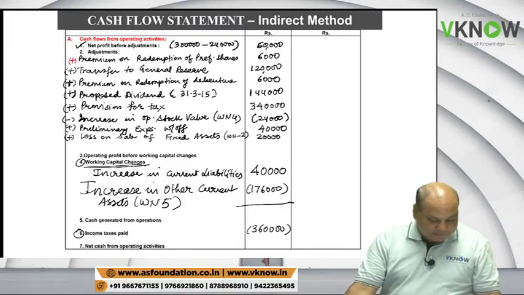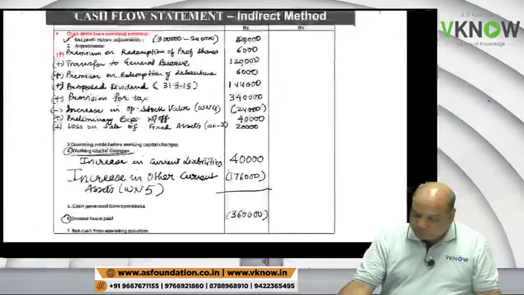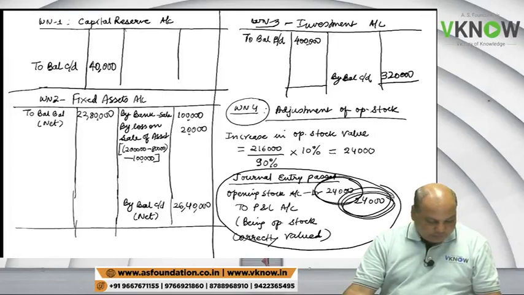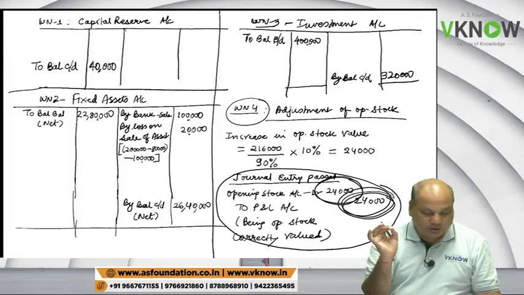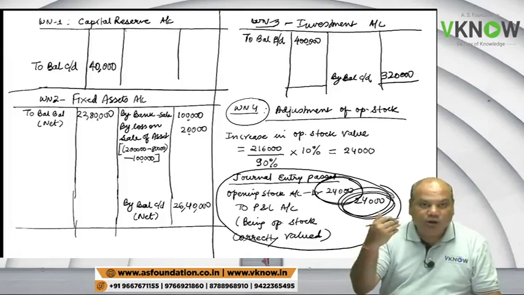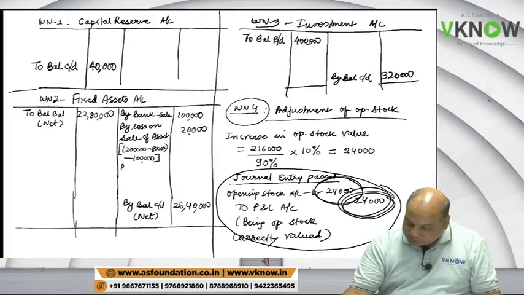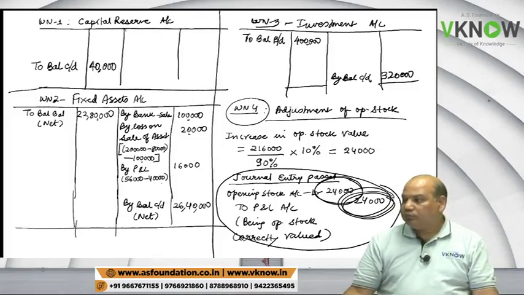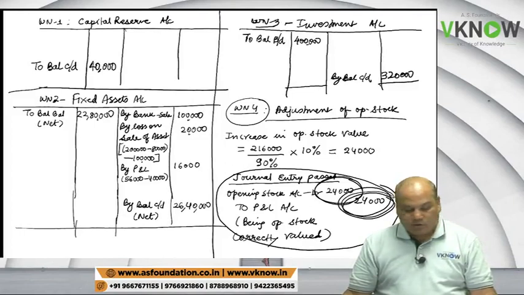Adjustment number B. Company has decided to write off another fixed asset. Cost 56,000, depreciation 40,000 has been provided. So its WDV is 16,000 and it is written off. Fixed asset account credit side by P&L account 16,000. 56,000 minus 40,000, 56 minus 40 is 16,000.